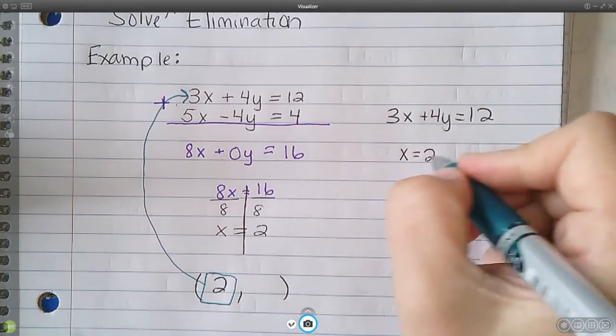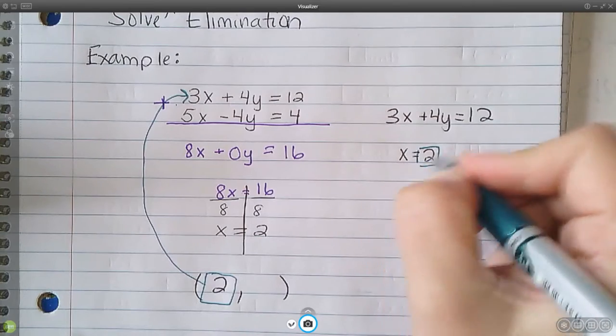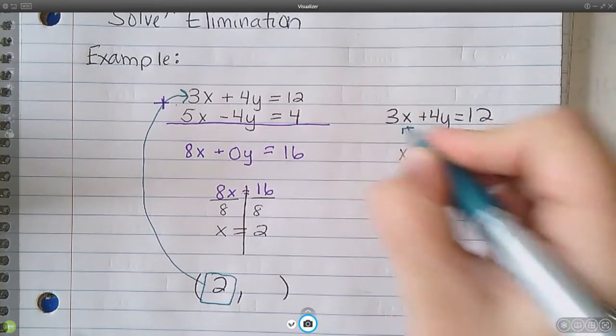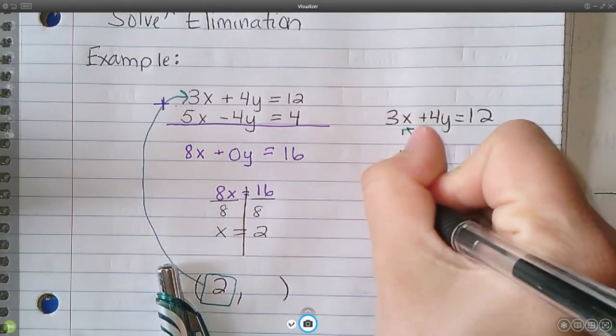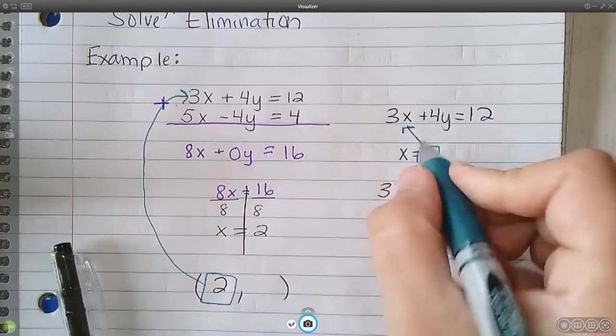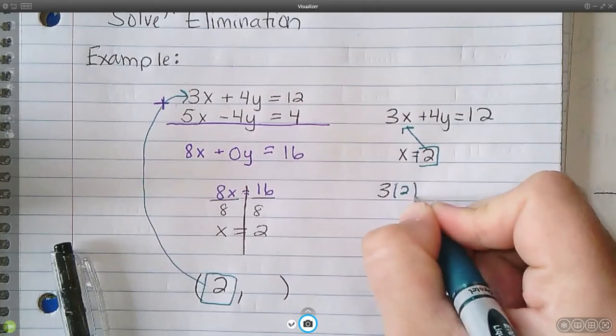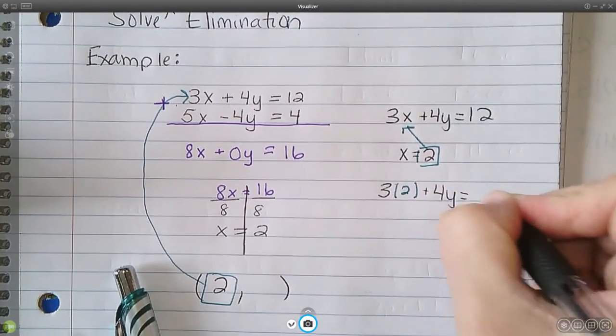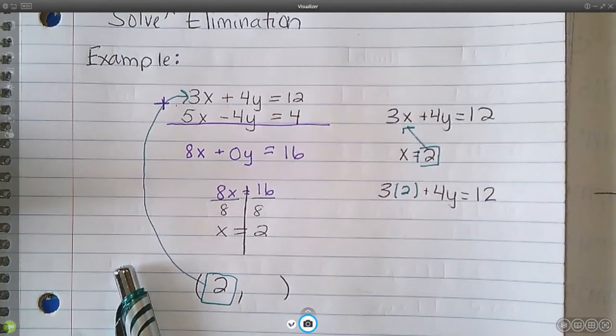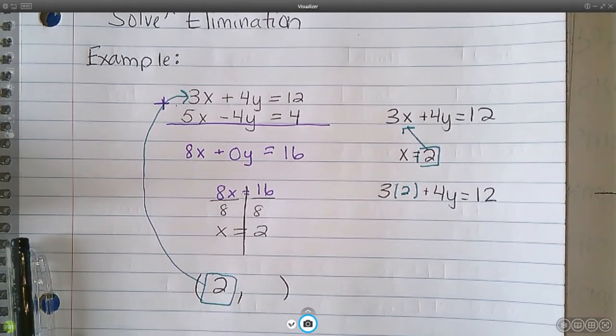I'm going to substitute this 2 for that x right there. When I substitute, it looks like 3 times 2 plus 4y equals 12.